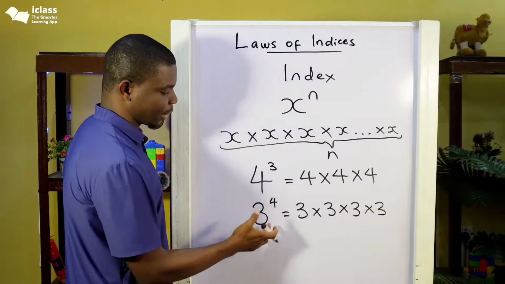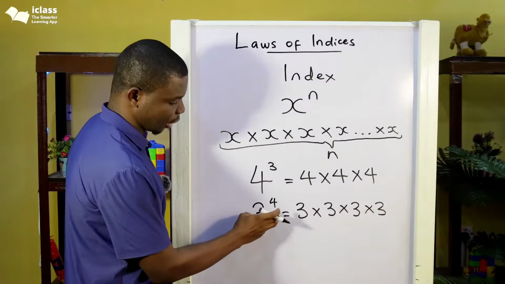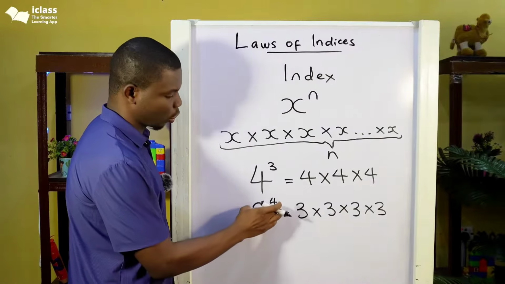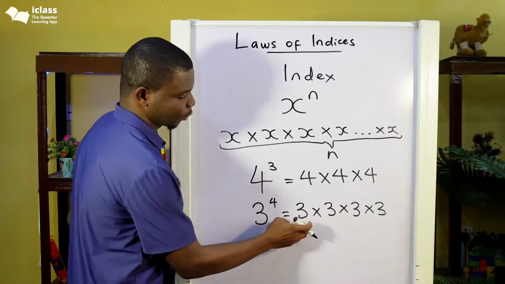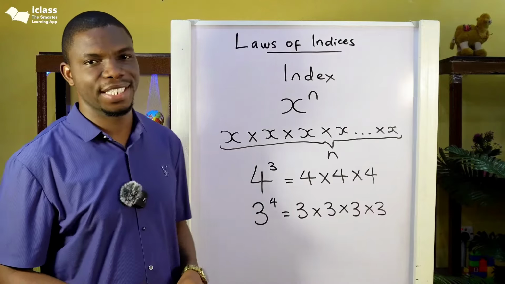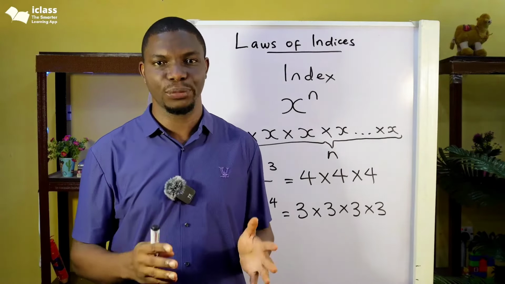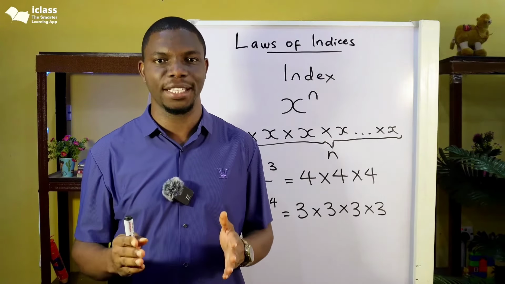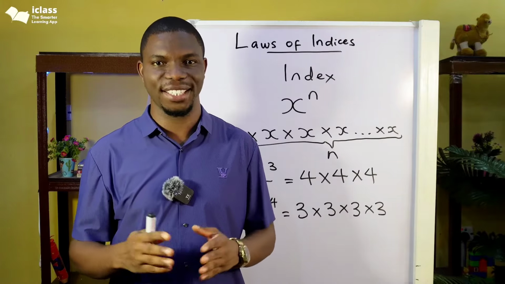So 3 multiplied by itself 4 times. You can see that this is a short form or an abbreviated form of repeated multiplication. So that's what we'll be looking at in this video, the different laws of indices and how we apply them to solve problems in indices.